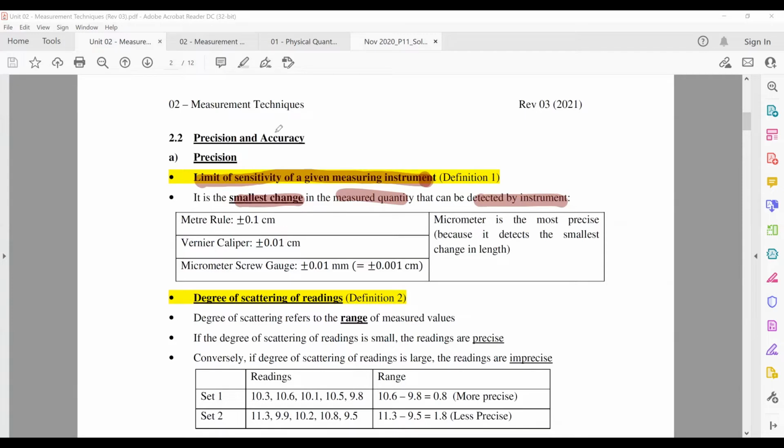For example, using the example of your pen, I want to measure the length of that pen. I could use three different instruments: a meter rule, a vernier caliper, or a micrometer screw gauge.